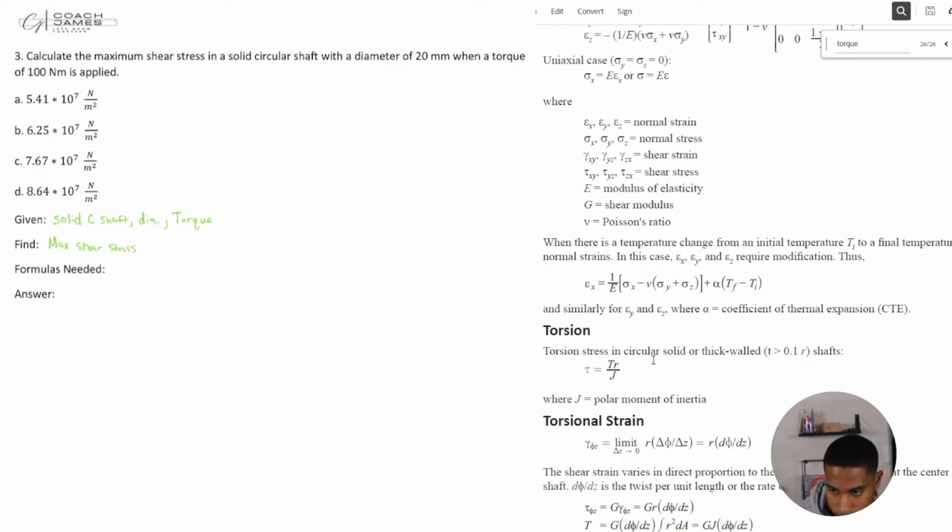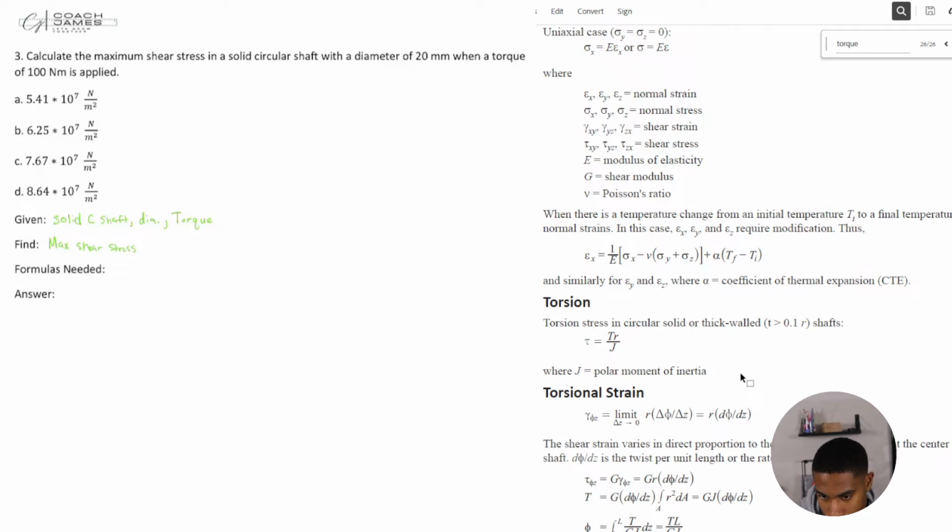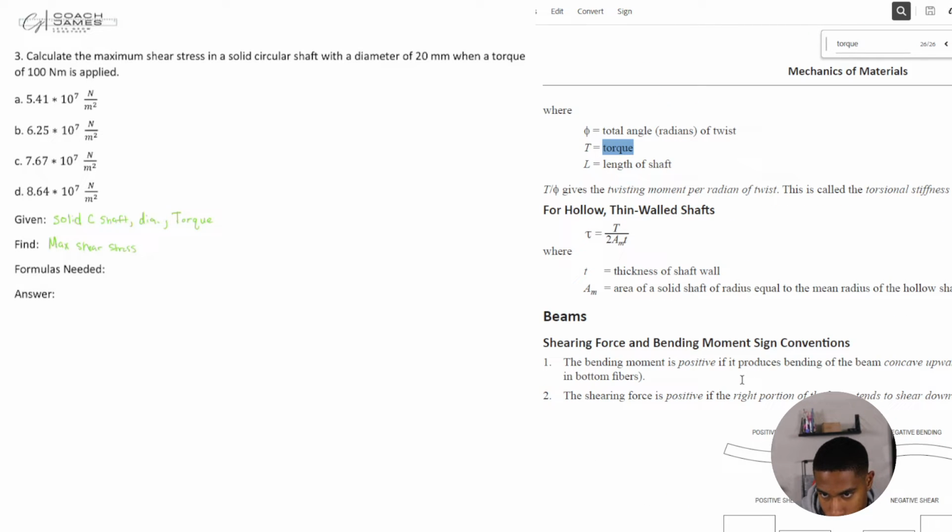Are we given T? What is T? T I know is torque, not torsion. T is equal to torque. So we're given torque.